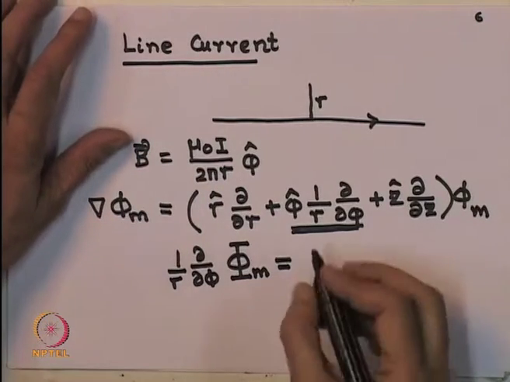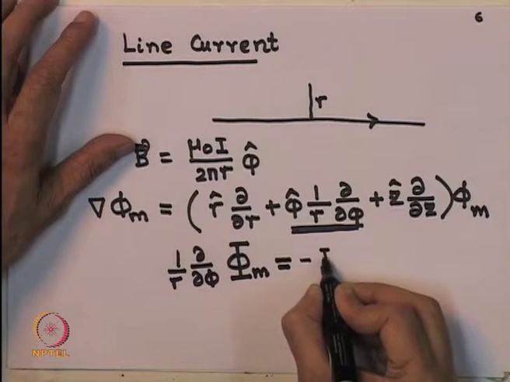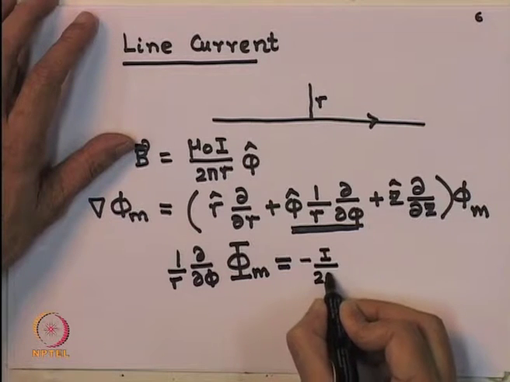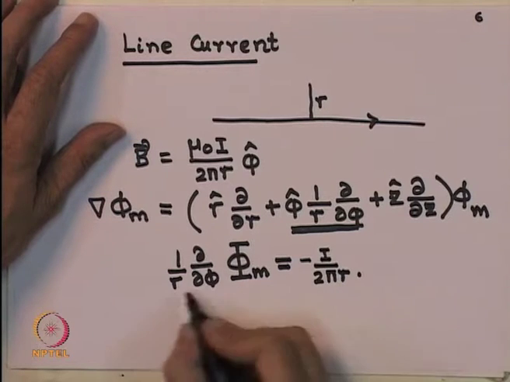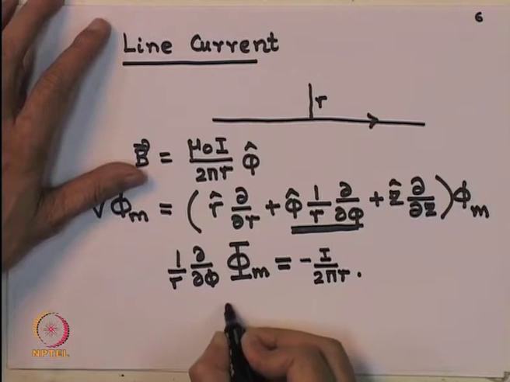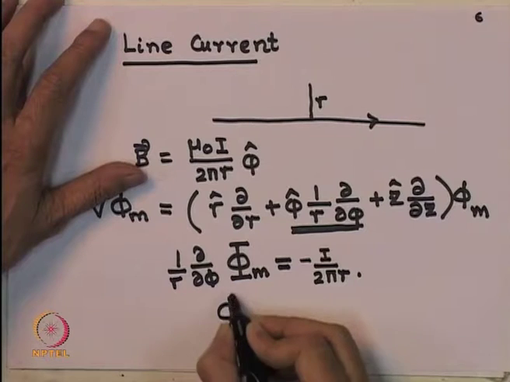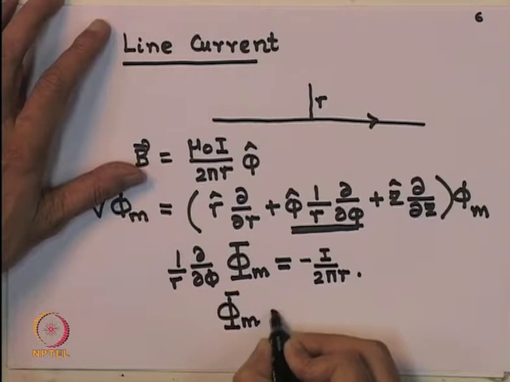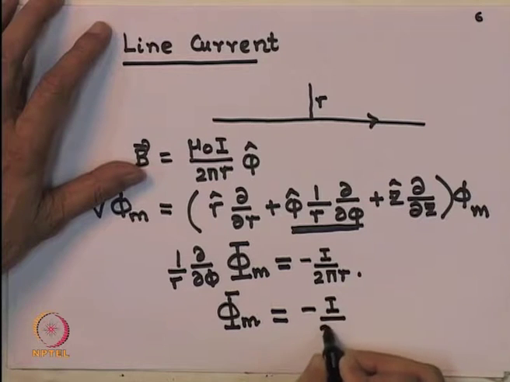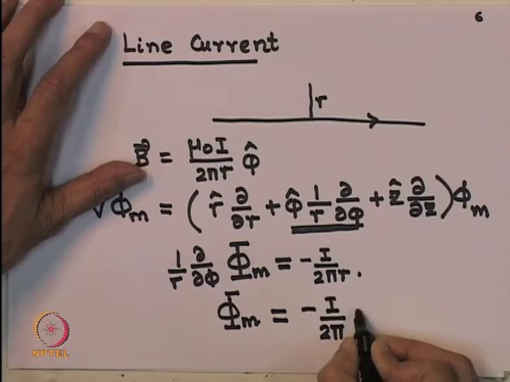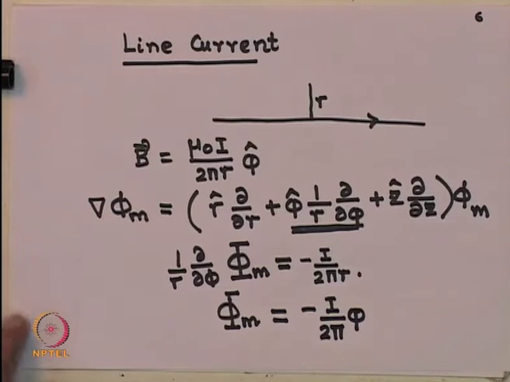So, this quantity must be equal to minus mu 0 I by 2 pi r. R and r will cancel out, and this gives me the scalar potential to be equal to minus I by 2 pi times the angle phi itself.